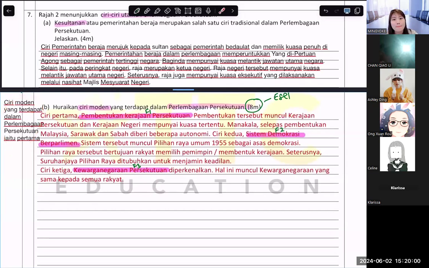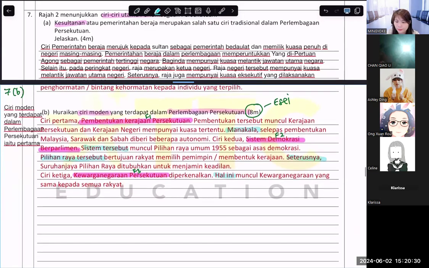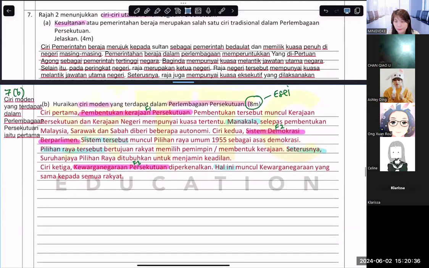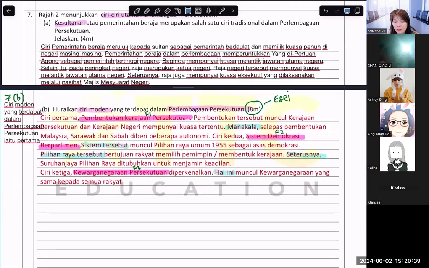Then you top up with your penanda wacana, such as manakala, sistem tersebut, pilihan raya tersebut, seterusnya. All these are one answer, one full stop, one mark. Boleh tak? Done. I move on next, guys.